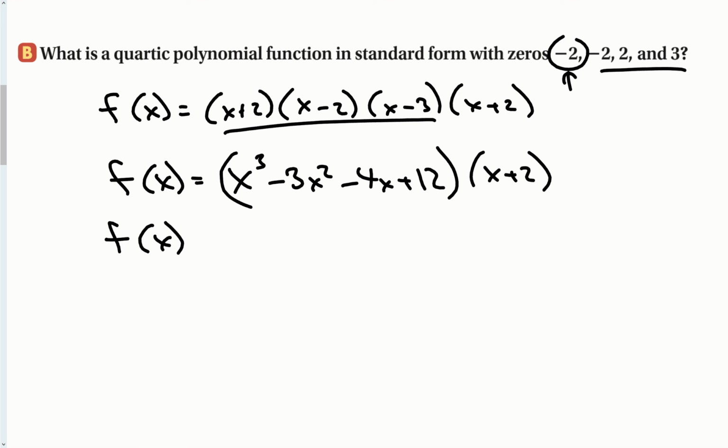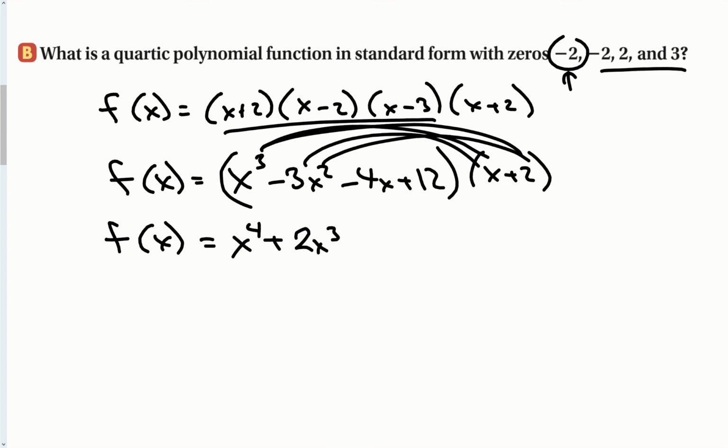You could have done this all over again, right? Multiply these two together, then the answer to that, then the answer to this, all right? But we already have those three multiplied together, okay? Distribute, we're going to distribute this to both of those. So that gives me x to the fourth plus 2x to the third, these two. So that's minus 3x to the third minus 6x squared.